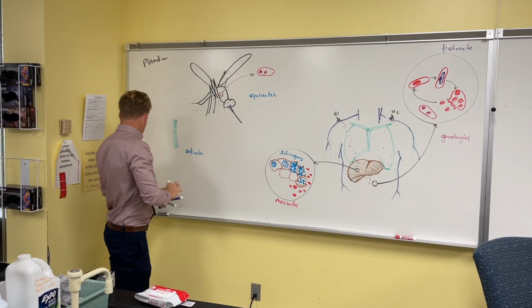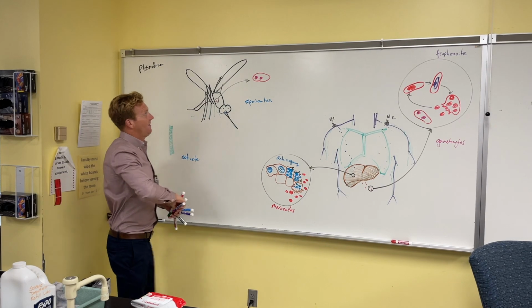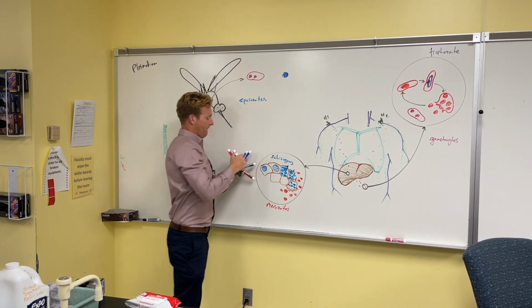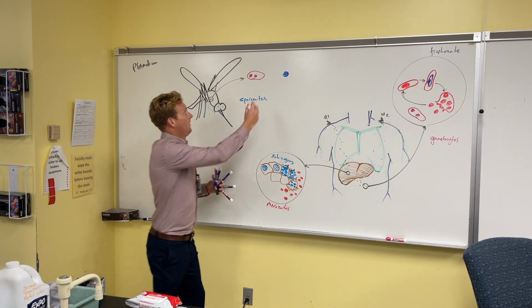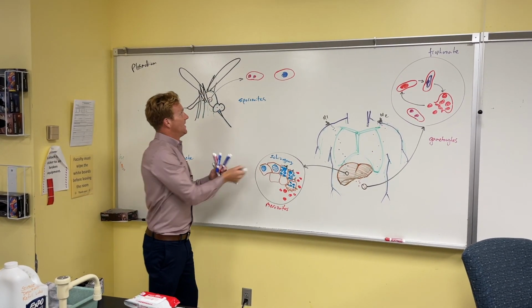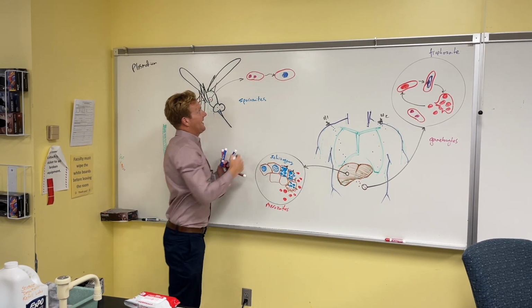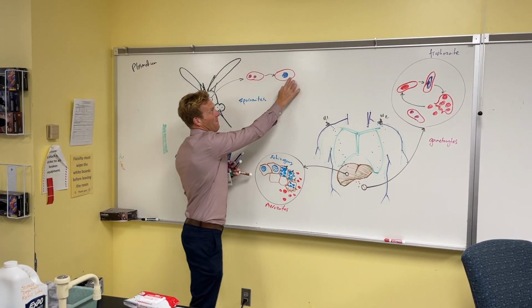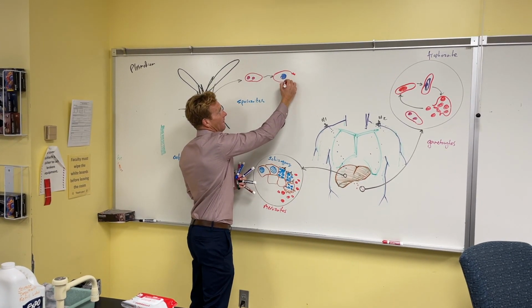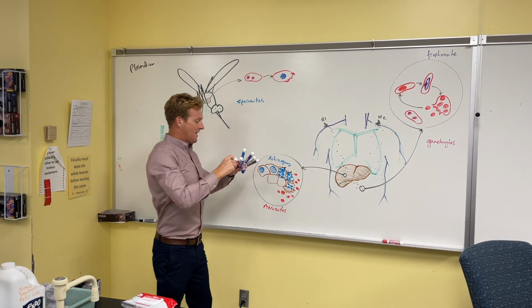We'll draw the zygote in this blue color. The gametocytes undergo fertilization to produce the zygote. The zygote then is going to emerge out of that blood cell. It's going to make that blood cell explode, and then the zygote emerges.